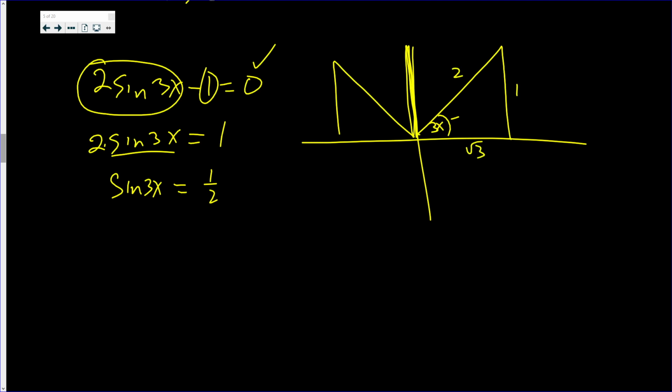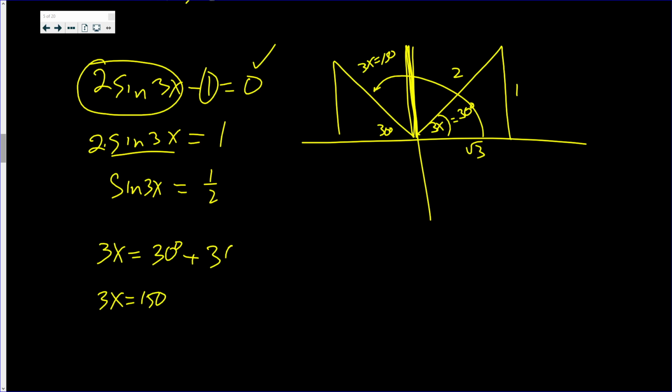That's going to be square root of 3, so that is 30 degrees, excuse me. That's going to be 30 degrees. This is also going to be 30 degrees, which means that 3x is 150. Okay, so 3x can be 30 degrees, 3x can be 150 degrees. But again, you can add any multiple of 360.